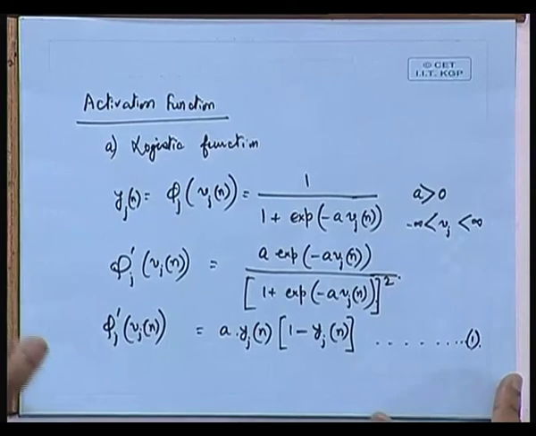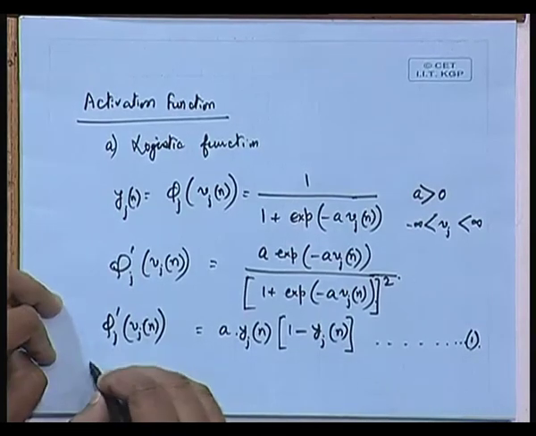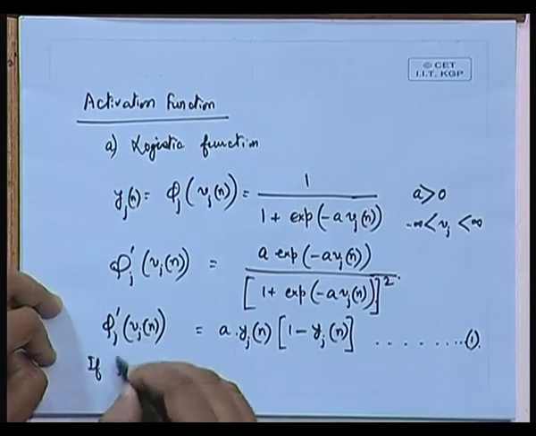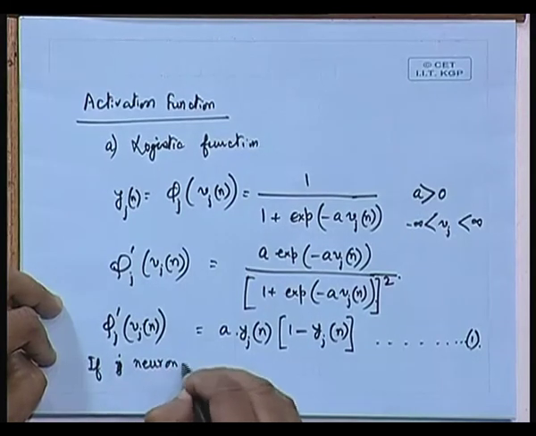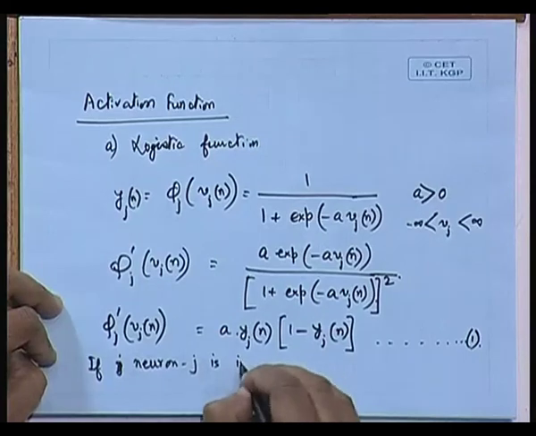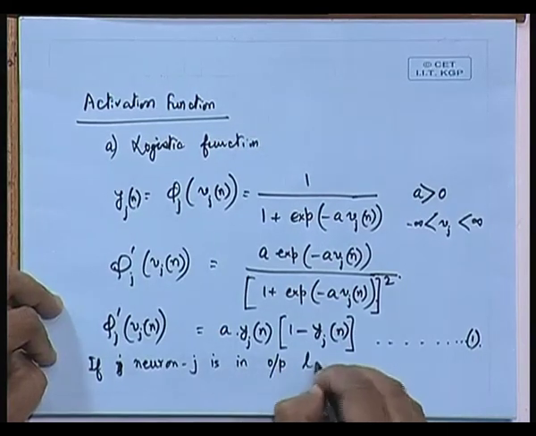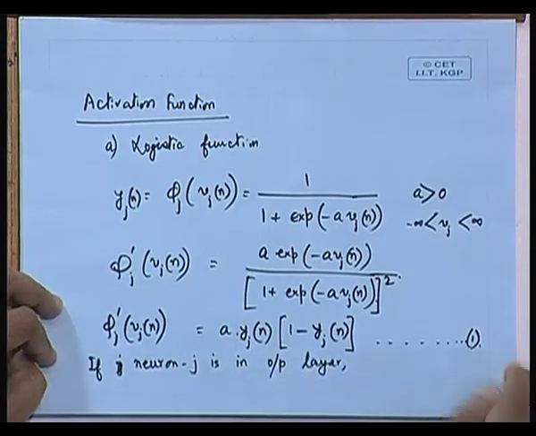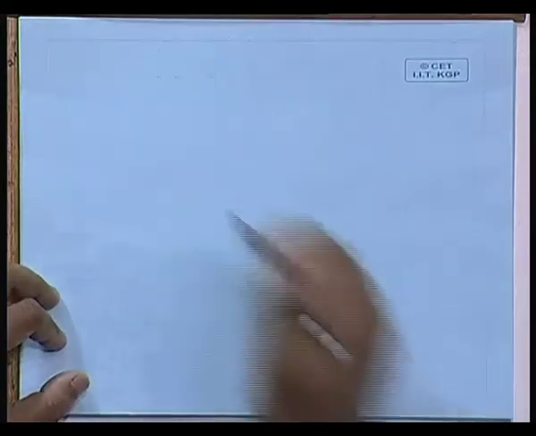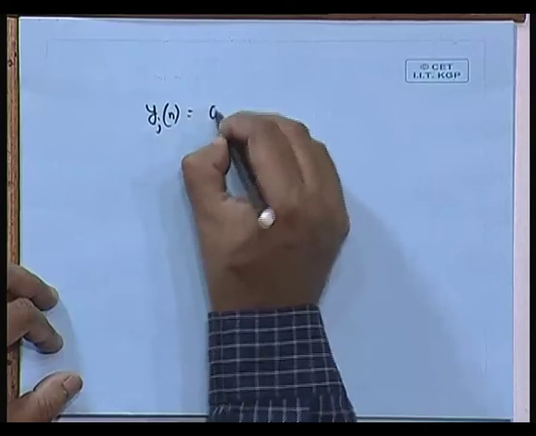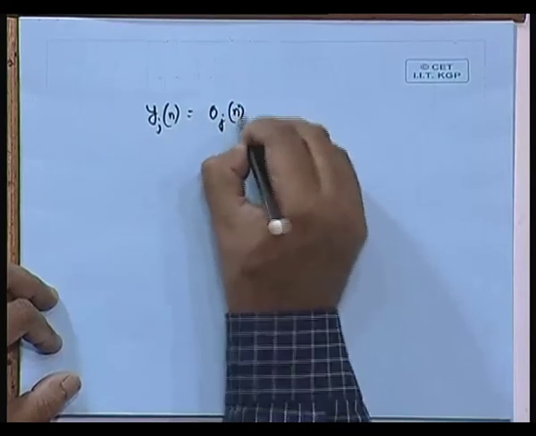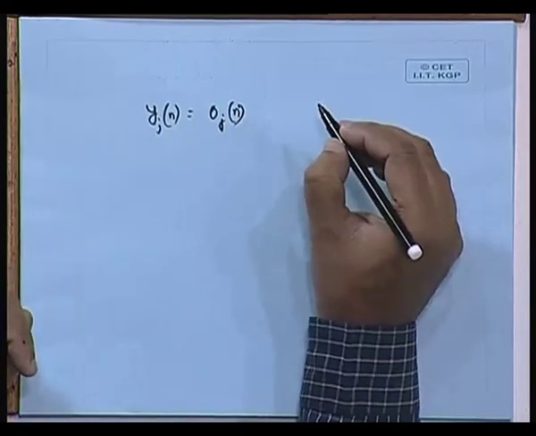So, now for a neuron that is located in the output layer, if neuron j is in the output layer, in that case we can simply write that yj n is equal to oj of n, oj of n being the output.